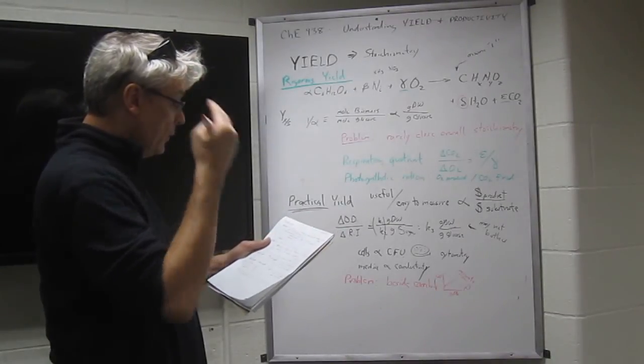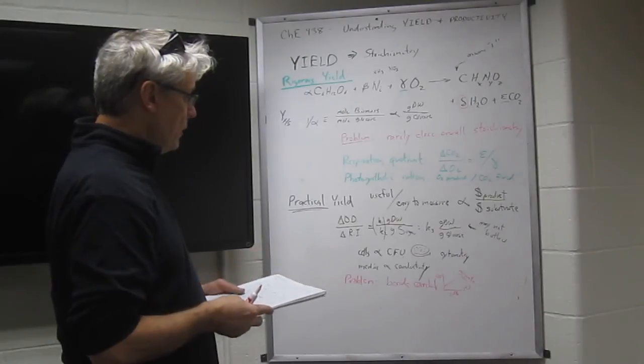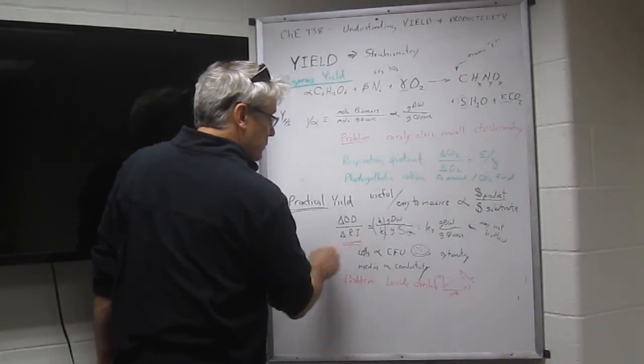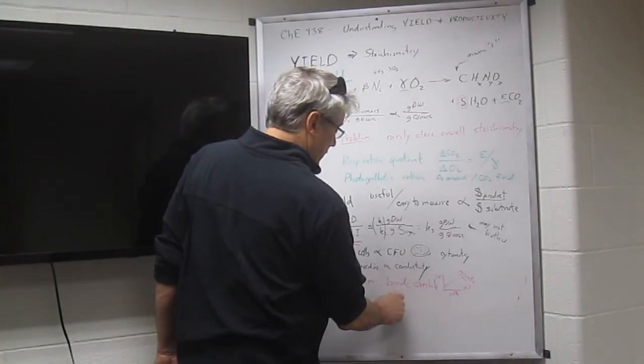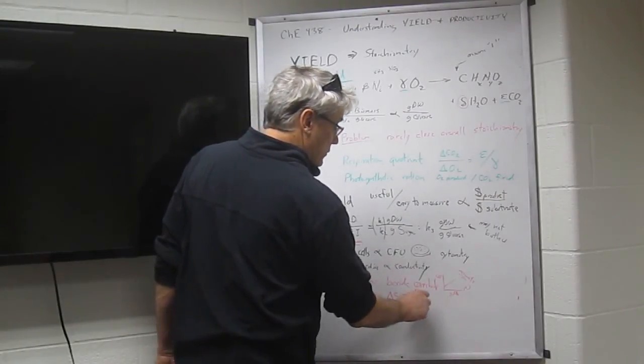You're working then with something where you are clearly looking at how much has been consumed. And so this delta S is maybe not equal to the dollars, if you will, for the substrate.